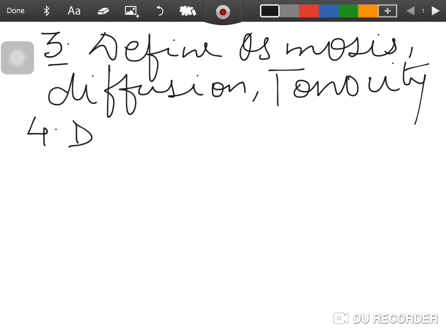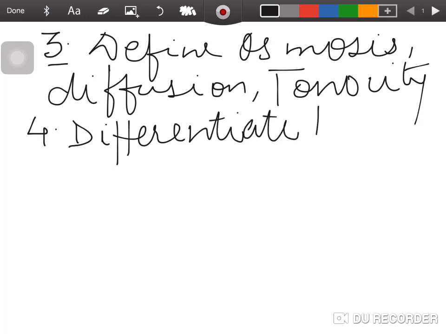Fourth, differentiate between osmosis and diffusion.